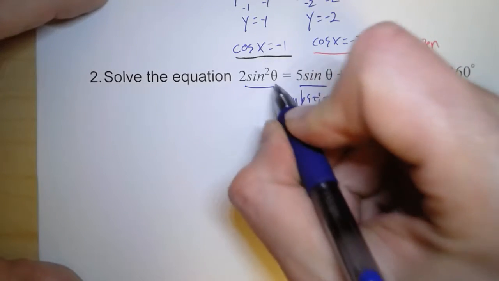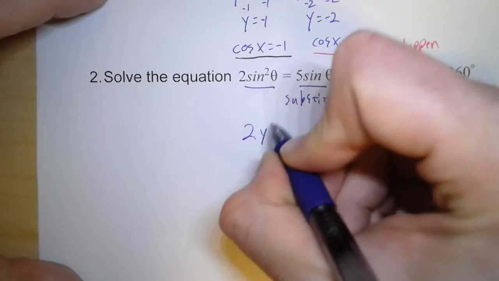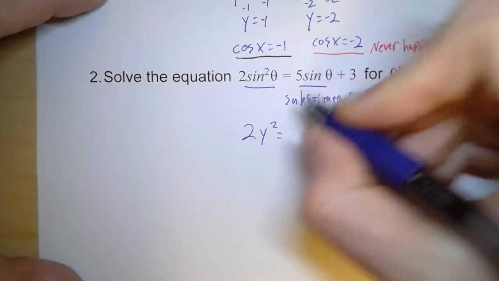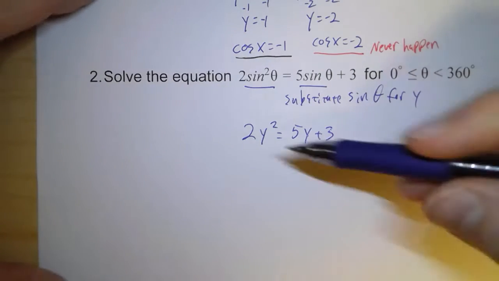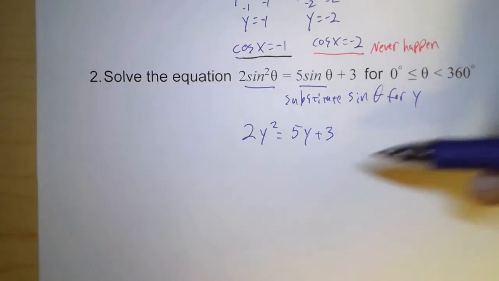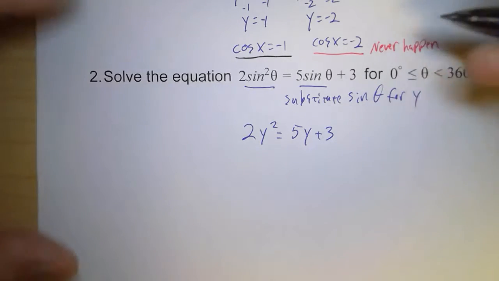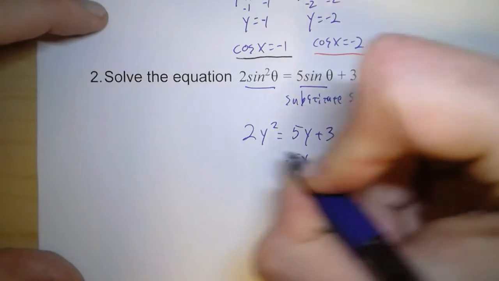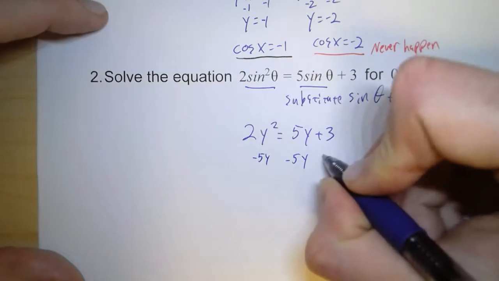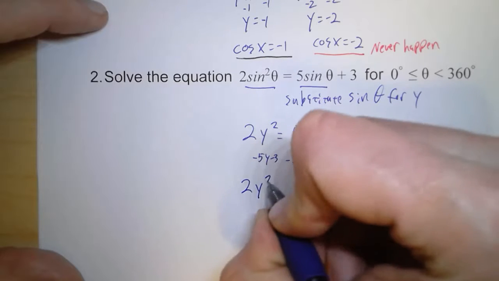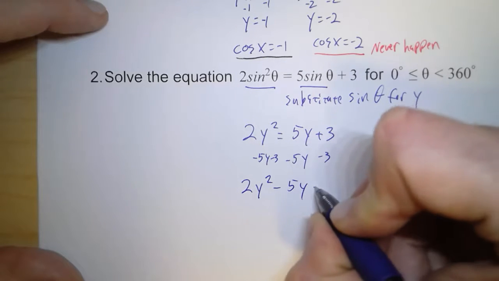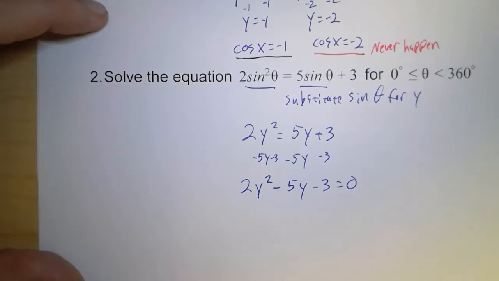So instead of 2 sine squared theta, this is 2y squared. 5 sine of theta is 5y plus 3. So again, we've got a quadratic. Now we want it equal to 0. So we're going to subtract 5y on both sides and subtract 3. So that means 2y squared minus 5y minus 3 is going to equal 0.